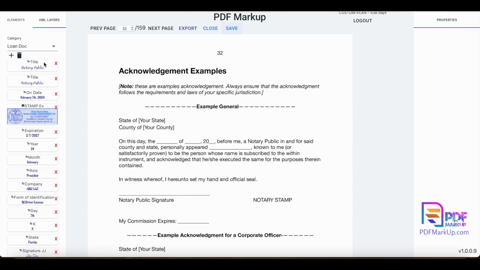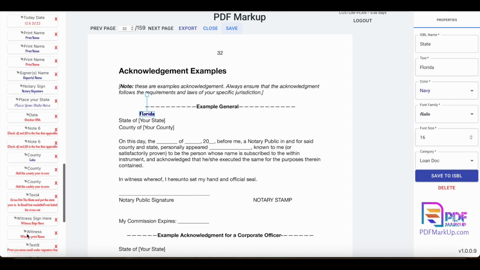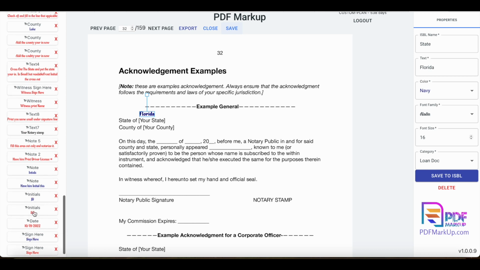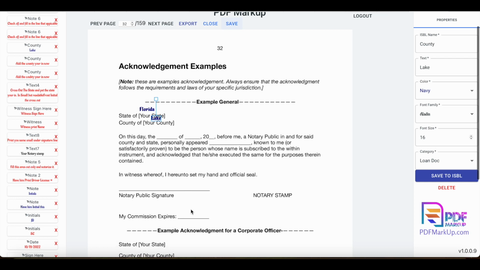Now, in this case here, you're going to put, of course, the state, the county, the day, 7th, or whatever the day is, the month, the year, the person who personally appeared before you, notary signature, print your name, expiration date, stamp. Sometimes you won't see the expiration date, sometimes it will. This is just an example.